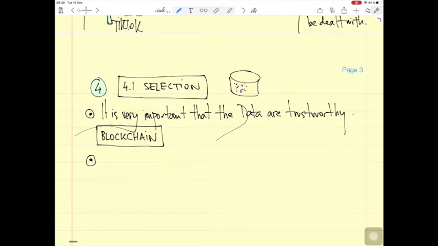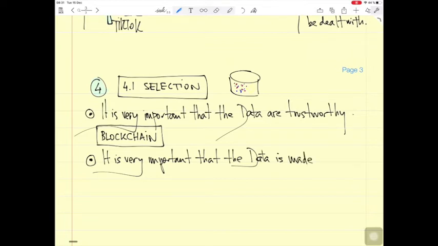So it is also very important that the data is made anonymous. Okay, so nobody must know where the data is coming from.